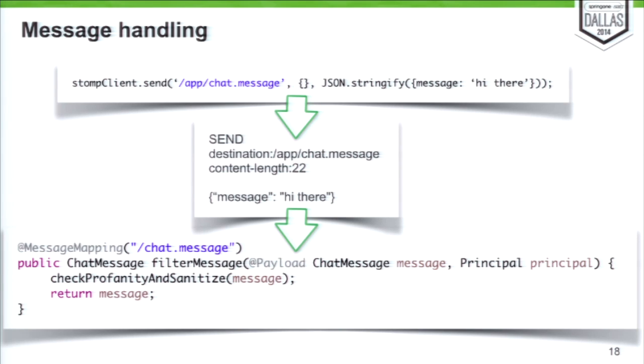This principal is basically the principal acquired in the handshake. Whenever we started the WebSocket session, we did this handshake, so this is the principal that we got in this process. And notice how we are getting the message, we are doing some processing, and we are returning something. This something will actually be sent to the broker. So the broker will receive what's returned by our controllers.